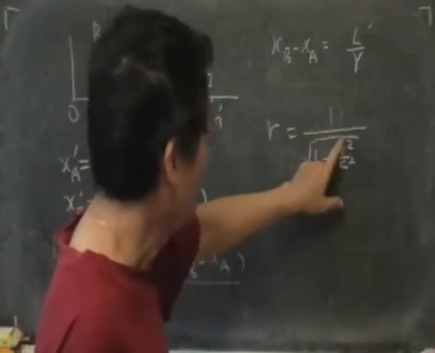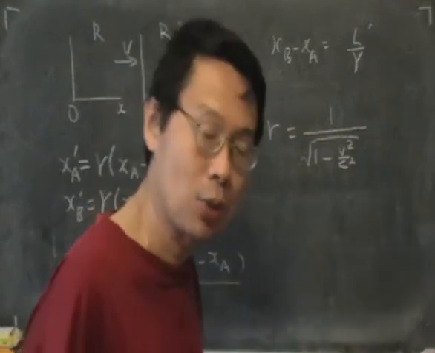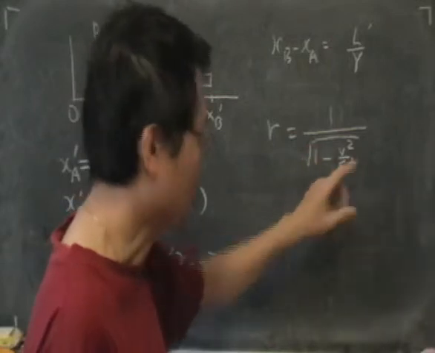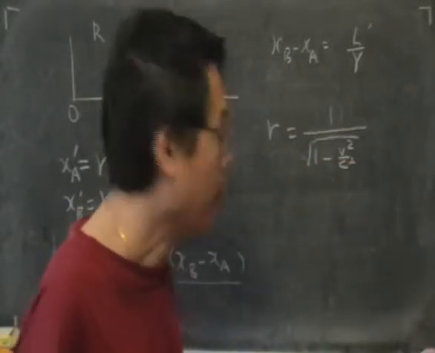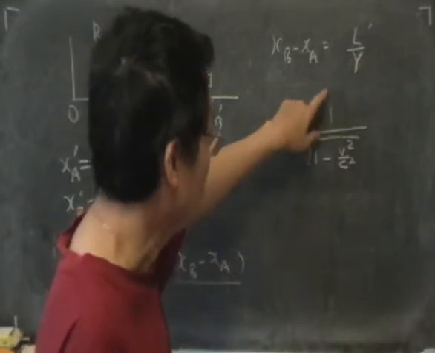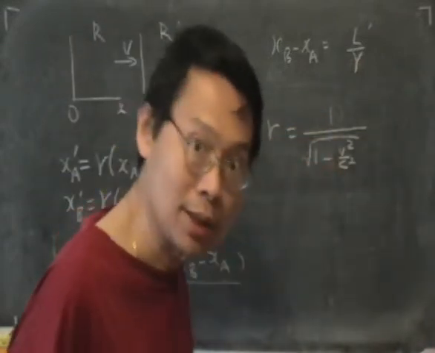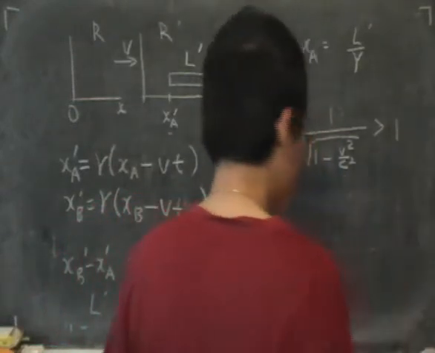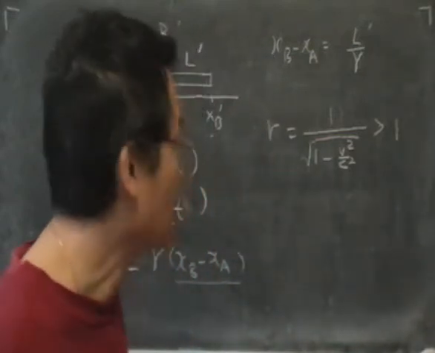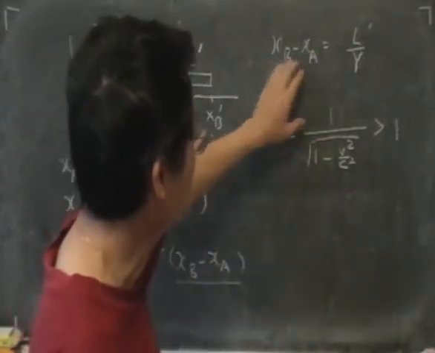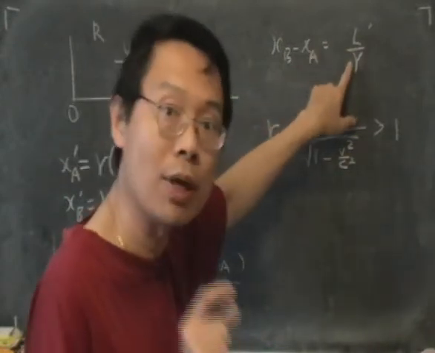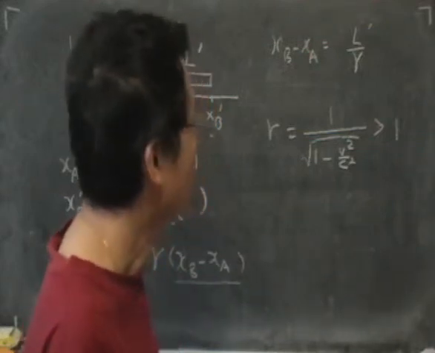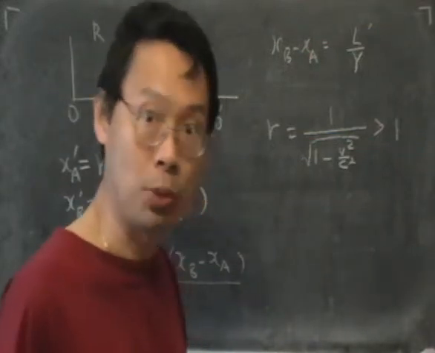But for now, v squared over c squared has to be a positive number. So if you take 1 minus a positive number, your answer will be less than 1. And if you take 1 and divide by a number that is less than 1, this answer has to be more than 1. That means that gamma must always be more than 1. Now, going back to this equation, we have the length of the ruler divided by a number that is more than 1, so the answer has to be smaller.